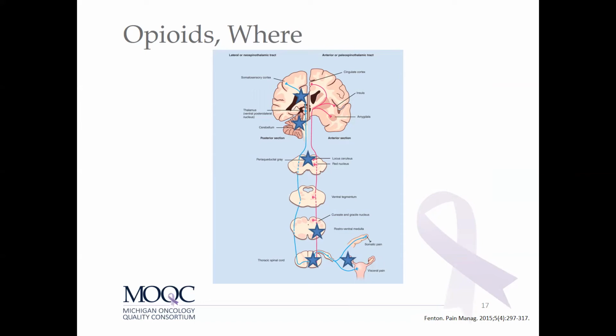Those opioid receptors are distributed throughout the central nervous system and within peripheral tissue. Centrally, they're within the periaqueductal gray and the RVM, as we talked about previously. When you activate those mu opioid receptors in the midbrain, that's where we think that we get opioid-induced analgesia.